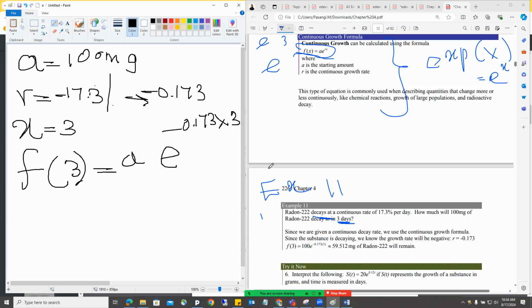Now this 3 is the number of days. Here we have the decay rate. A is 100. E we have the value 2.718. Then we can have the value. Okay. Is it okay? Okay.